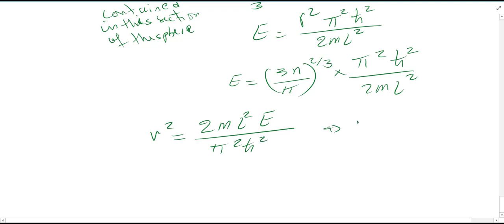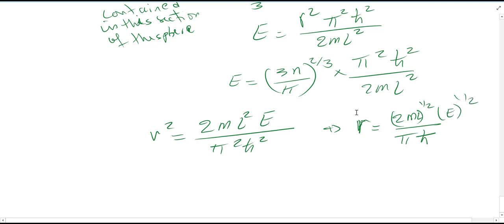In other words, r is going to be equal to (2mL squared) to the power 1/2 divided by pi h bar, times the square root of E, or E to the power 1/2.